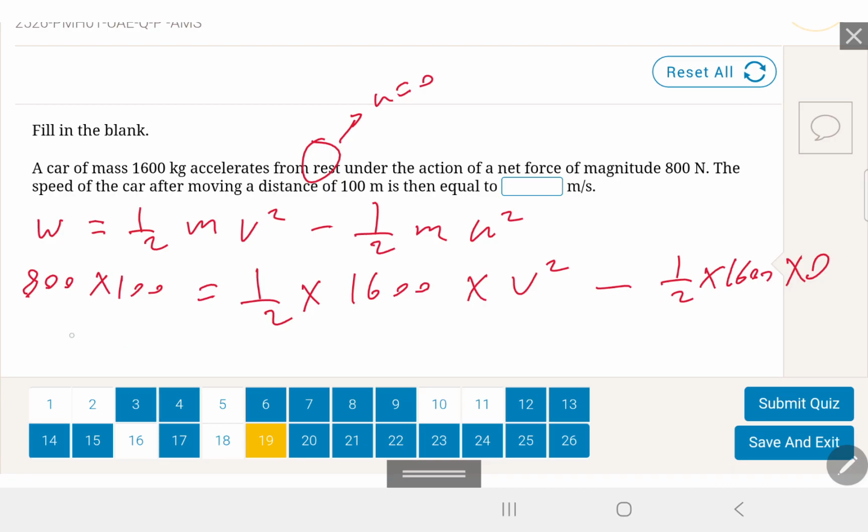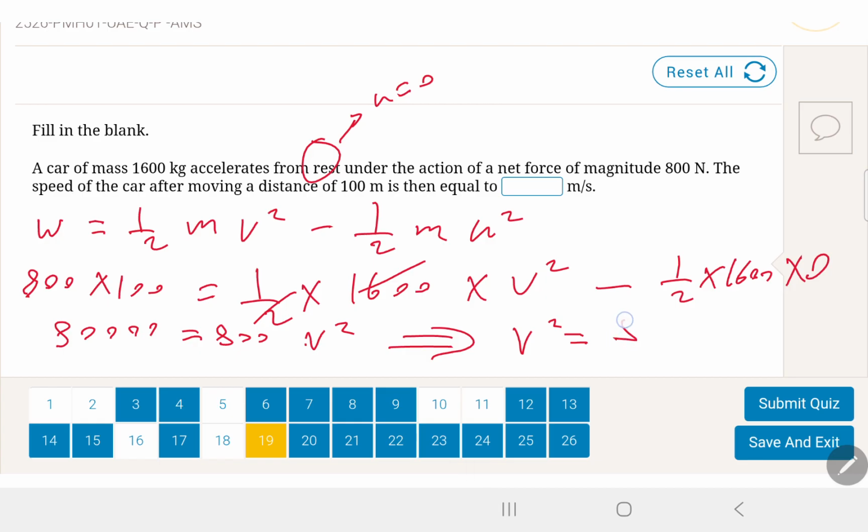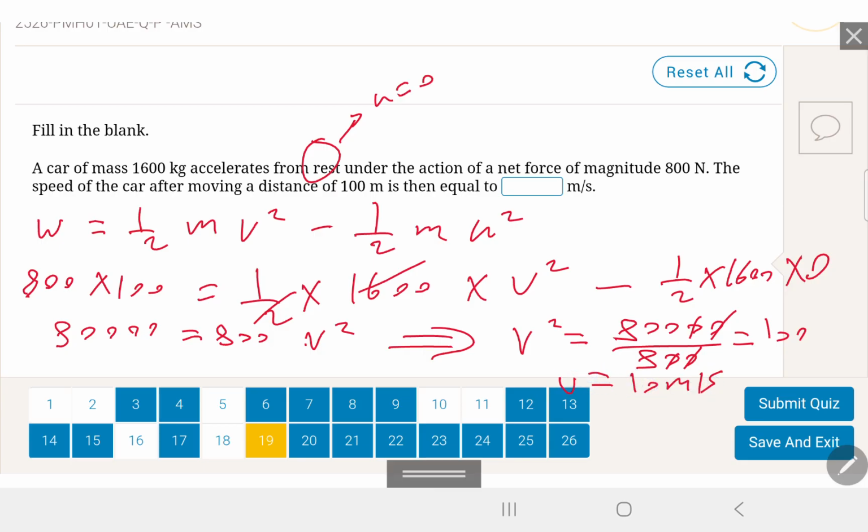Now you have 80,000, and if you simplify, you get 800 v squared. Divide both sides by 800, and you get v squared is equal to 80,000 divided by 800. Cancel the zeros. 800 divided by 8 is 100. If you take the square root, velocity equals 10 meters per second.